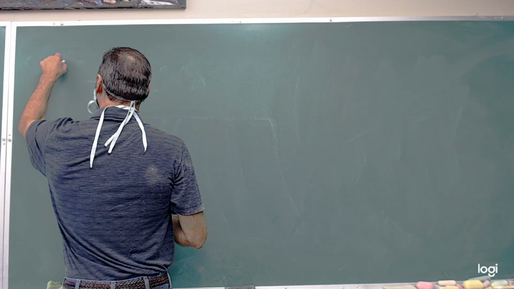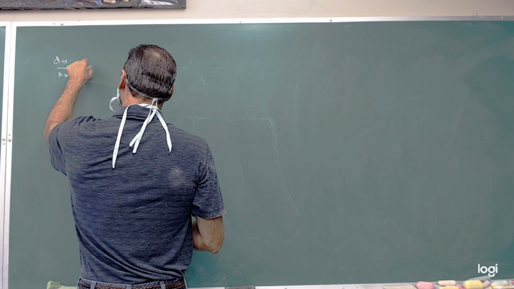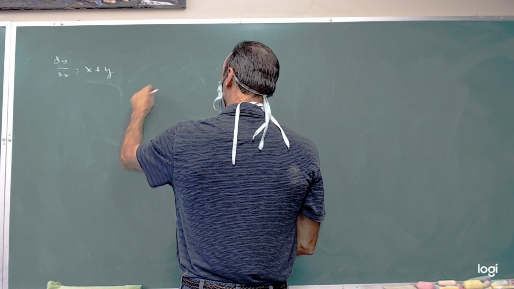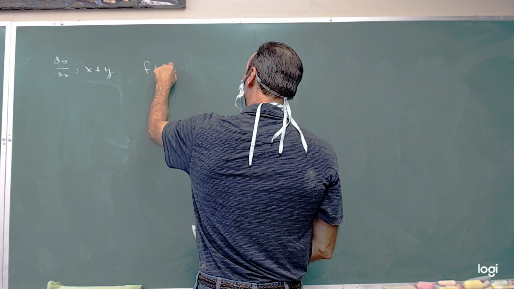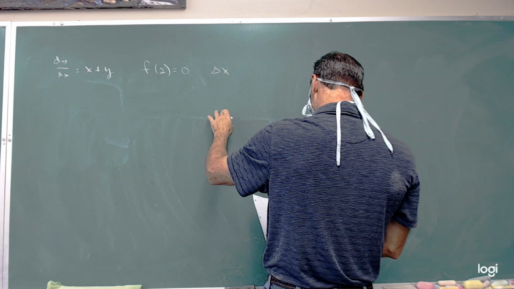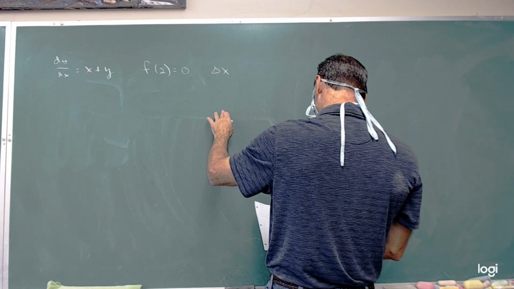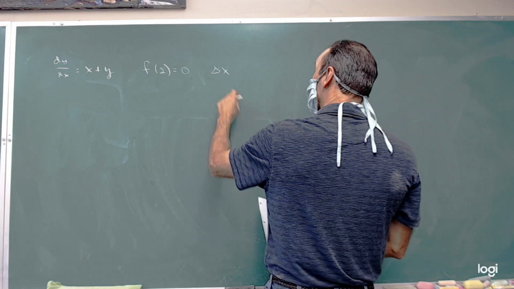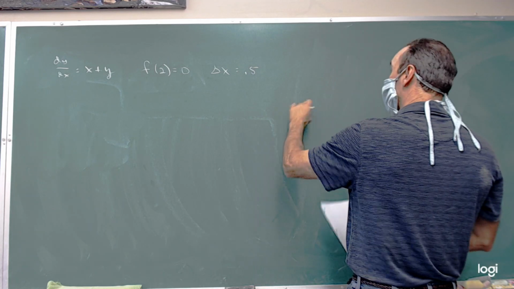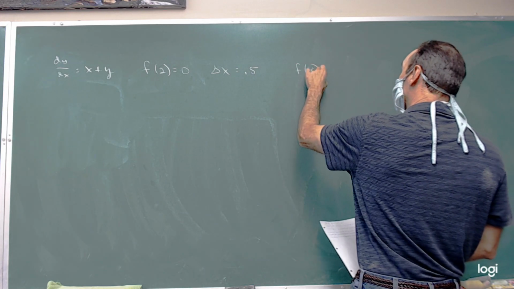So let's say dy/dx is going to be x plus y. And we'll say our initial condition is going to be f of 2 is equal to 0. And we'll say our delta x is going to be, say, 0.5. And we're going to approximate f of 3.